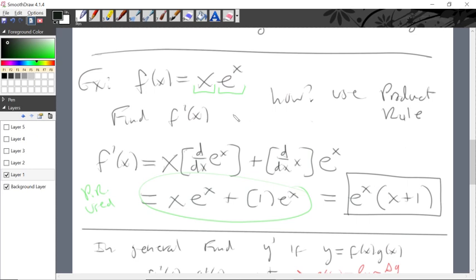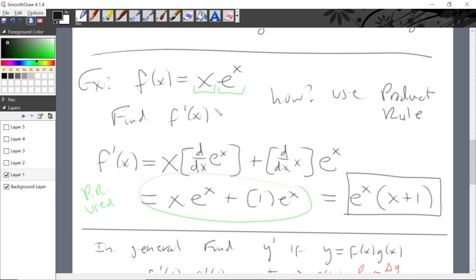So now we know how to take the derivative of a product. We can start pushing it further to include things that we have been doing with derivatives. We can take, for instance, higher derivatives. We can now find the second derivative and the third derivative of this example, if we want to. We can also answer application questions about the tangent line or the normal line.